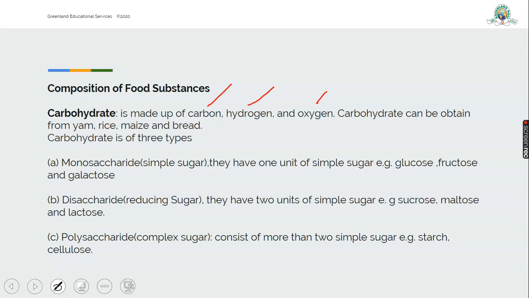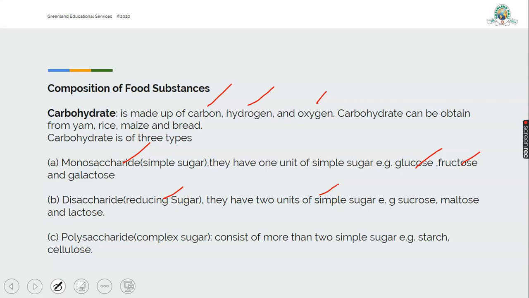We have the monosaccharide, or what we call the simple sugar. These monosaccharides have 1 unit of simple sugar. Examples of monosaccharide are glucose, fructose, and galactose. After the monosaccharide, we have the disaccharide. They are called reducing sugars. They have 2 units of simple sugar.